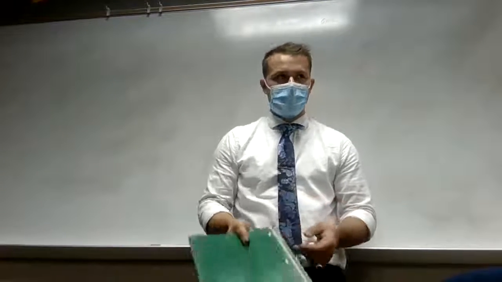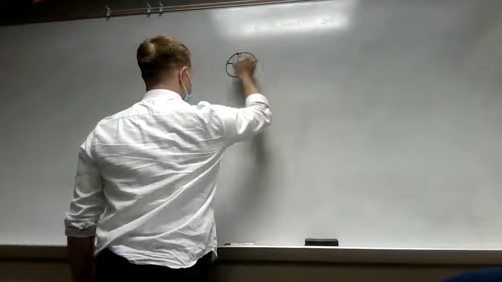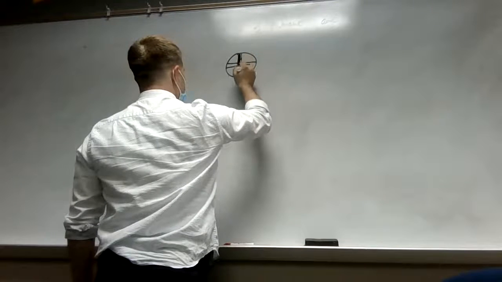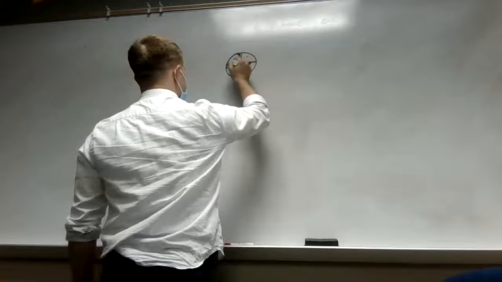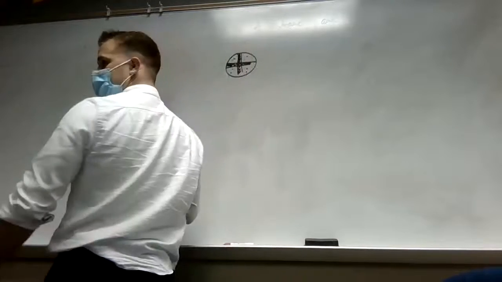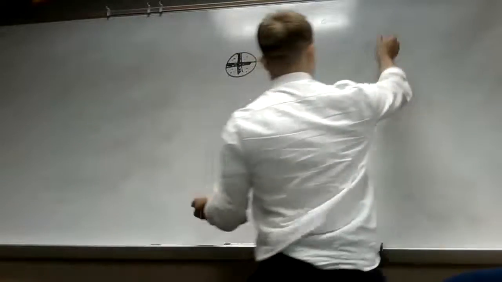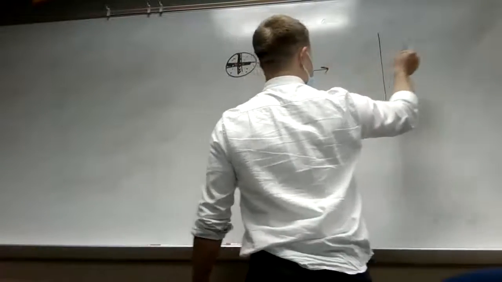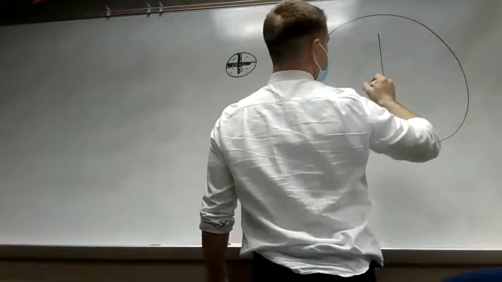The plum pudding model. So we at first thought that the atom looked like this, with little electrons all over. And then Rutherford said, "Hey, shoot this piece of foil with this detection device."